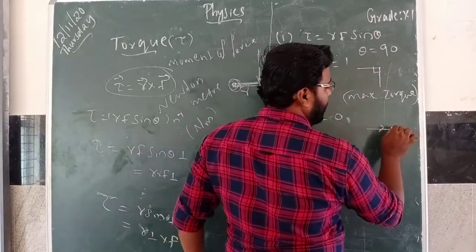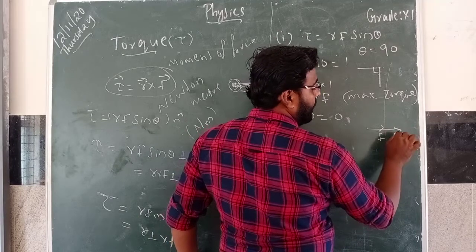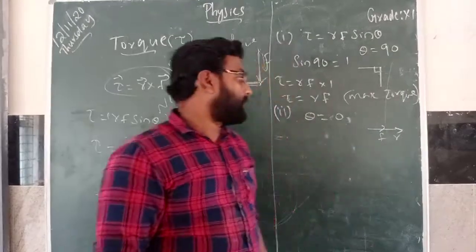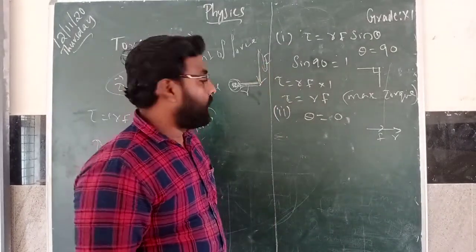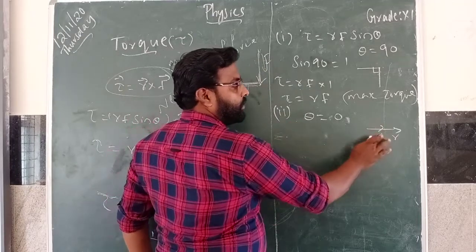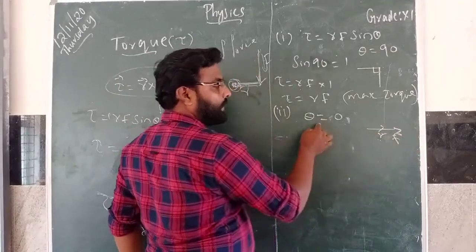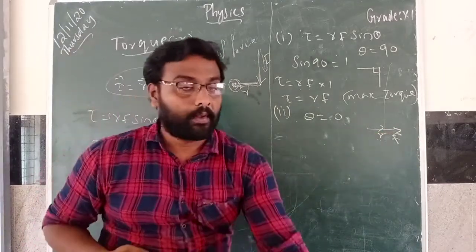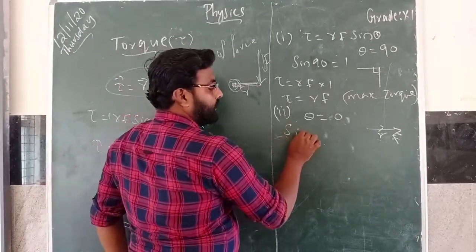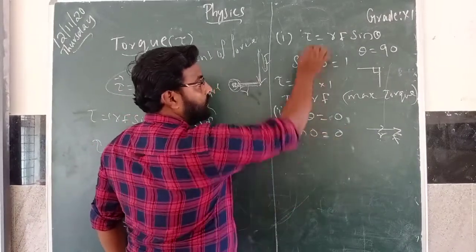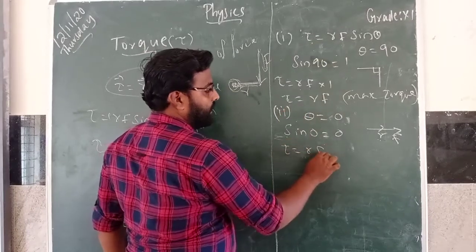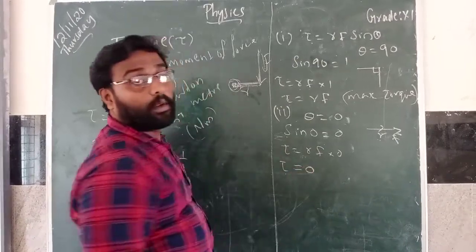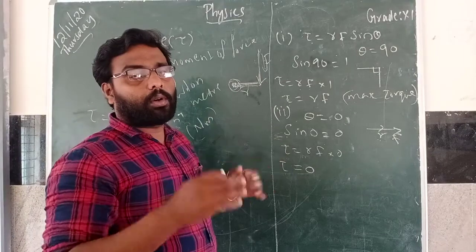So the force and the position vector are in the same direction, then theta equal to 0. No angle between them. Now sin 0 equal to 0. So torque is equal to RF into 0. So torque is equal to 0. No torque. The object will not rotate.